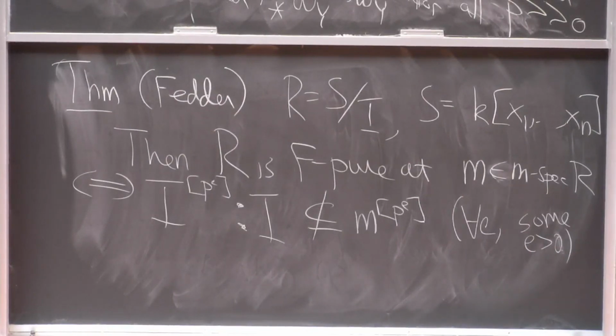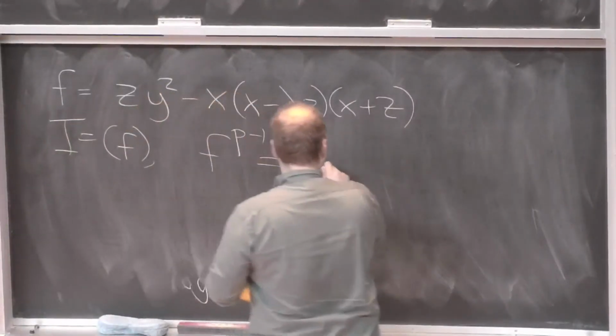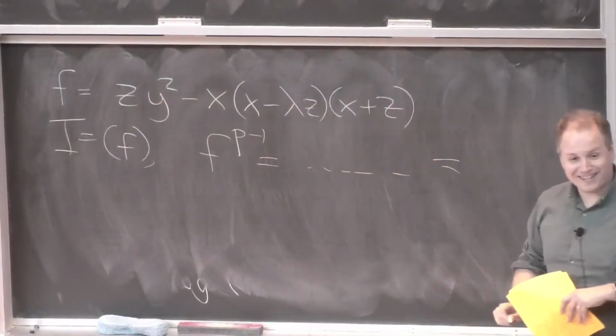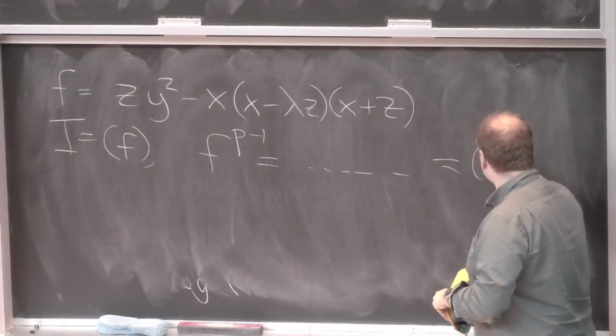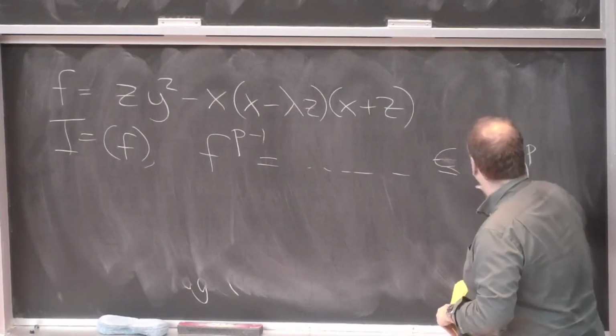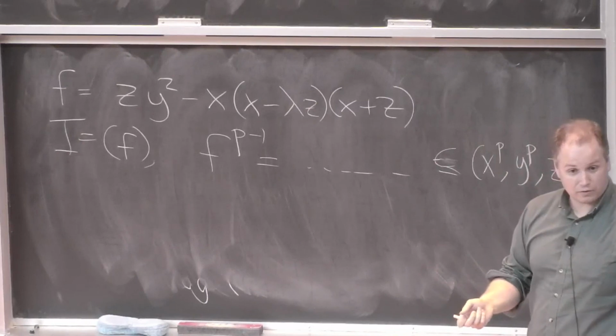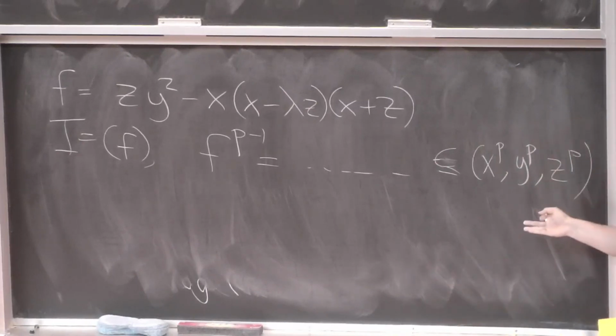So if I have I equaling (F), then I take F^(p-1), and I'm asking whether this is in (x^p, y^p, z^p), that's my maximal ideal of interest in a cone, or not.